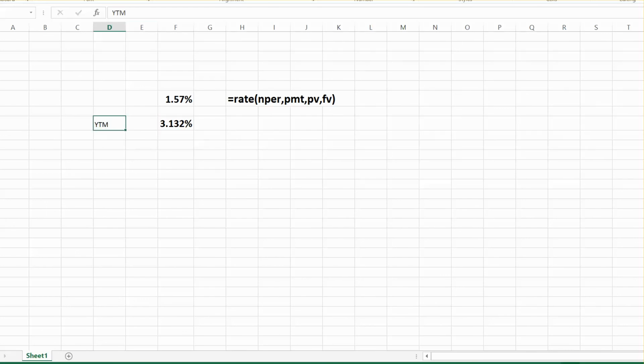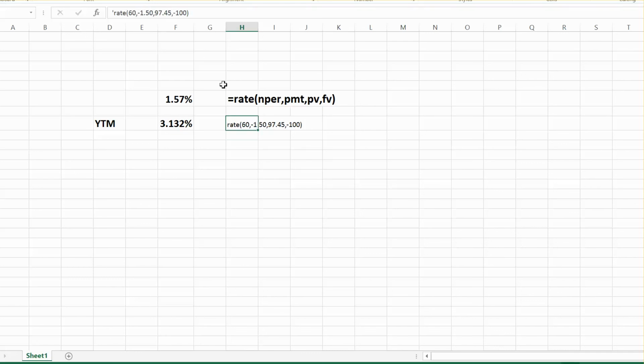The yield to maturity here is 3.132%, where we've assumed that the number of periods is 60, the payment is $1.50, the present value is 97.45, and the future value is minus 100.